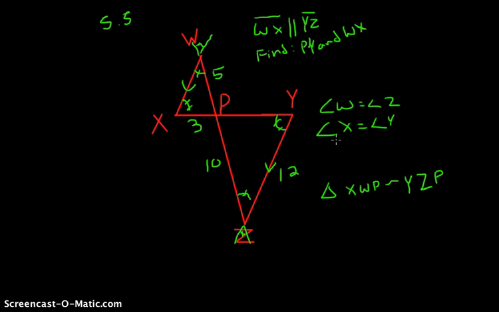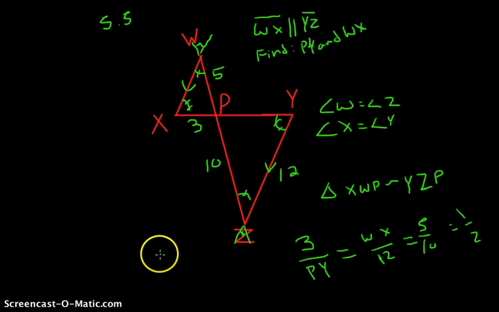And so you can say that 3 over PY is equal to WX over 12 is equal to 5 over 10. And 5 over 10 is equal to 1/2.